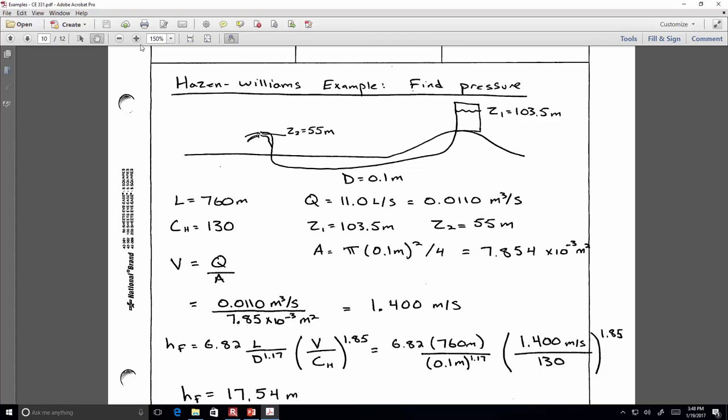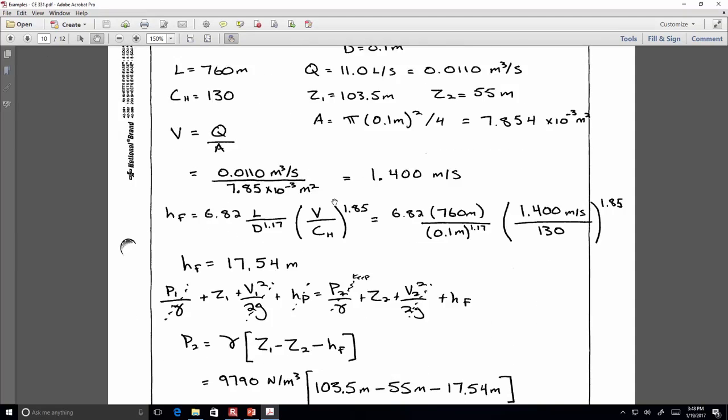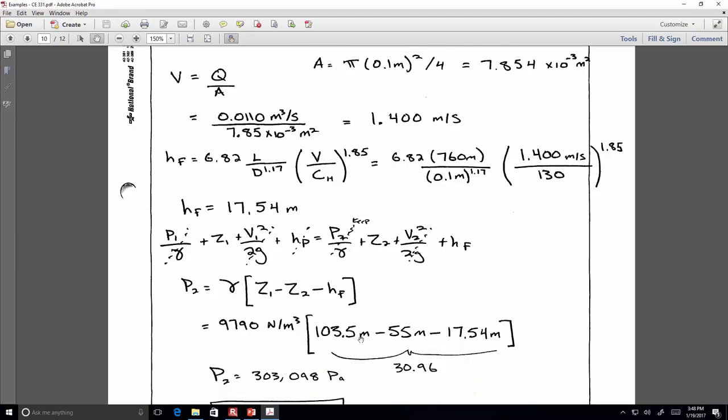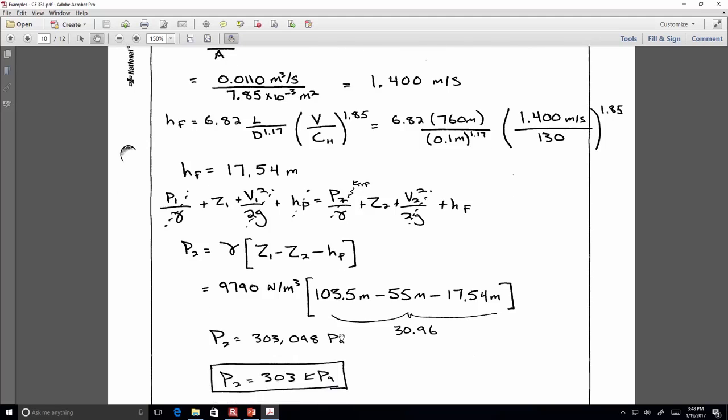So the elevation difference between the two is going to account for the pressure. We have 103.5 as the upstream elevation, the downstream elevation of 55, and then the losses, which means there's leftover head in the amount of 30.96 meters, and you multiply that by the unit weight of water, and it should be about 303 kilopascals at that tap.